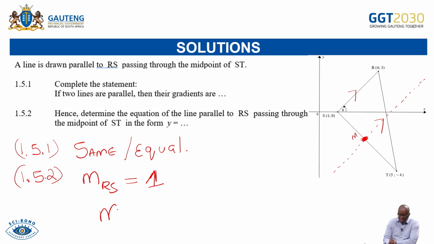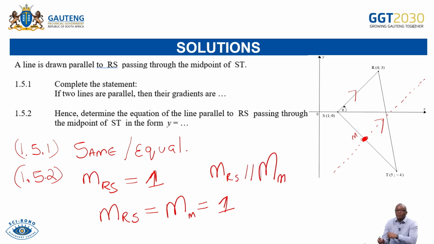Then you can say the gradient of RS is equal to the gradient of the line M passing through the midpoint there, correct? Then it's equal to 1. Why? Because the line RS is parallel to the line M there, correct? Those lines are parallel, so their gradients are going to be the same.